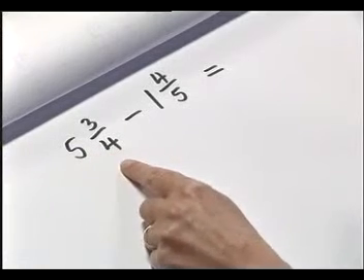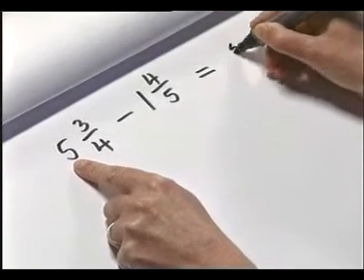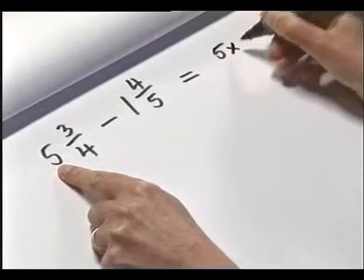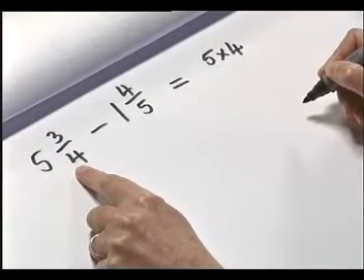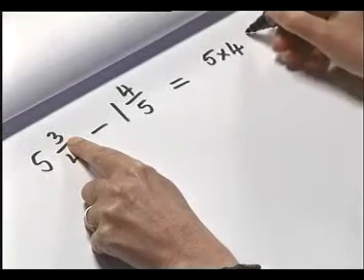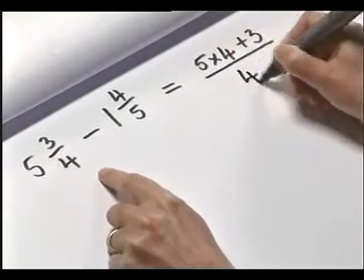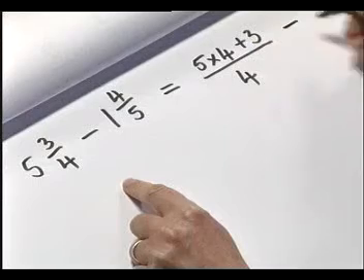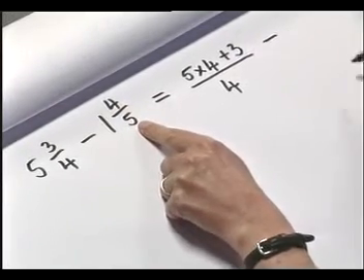So, first of all, we need to find out how many quarters we have here. Well, we've got 5 whole ones. We want to make them into quarters, so we multiply by 4. And then we're going to add the 3 that we've got there. So that's how many quarters we have. And we're going to take away 1 4/5.